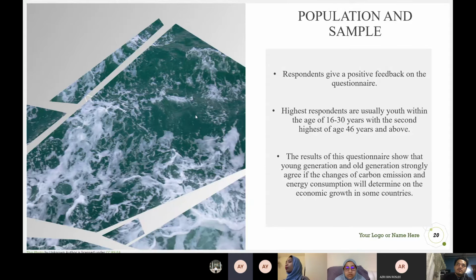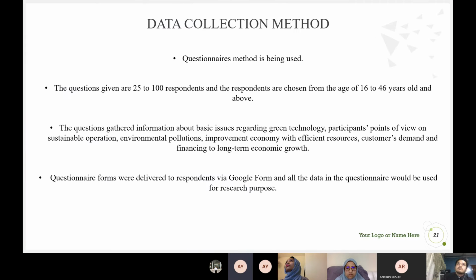Generally, the highest respondents are youth within the age of 16 to 30 years, with the second highest of age 46 years and above. The result of this questionnaire shows that the young generation and older generations totally agree that changes in carbon emission and energy consumption will determine economic growth in some countries. Okay, that's all.